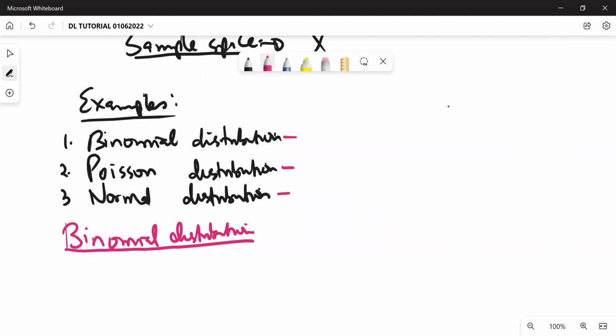When we talk about binomial, we have bi and then nomial. Of course, bi signifies two. Nomial means something like a name or a label.